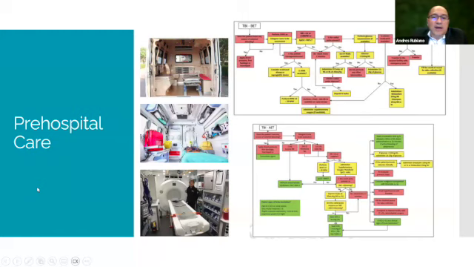I'll give you an example here. We have 3 different levels of pre-hospital situations. The first one is a very basic unit without any type of resources and with very low-level trained people. Or we can be in a very advanced unit like the bottom one that has even a CT inside the ambulance.